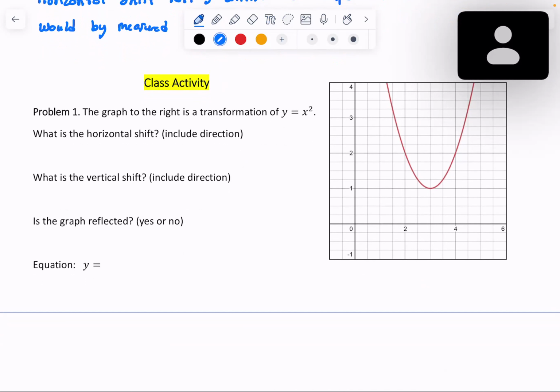Is it left 3 or is it right 3? What do you think? Right. Because here, this is right 3 units.